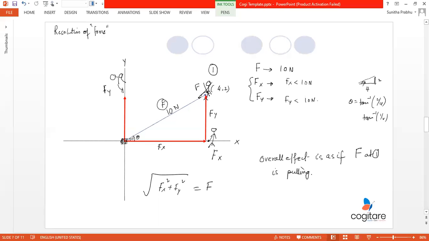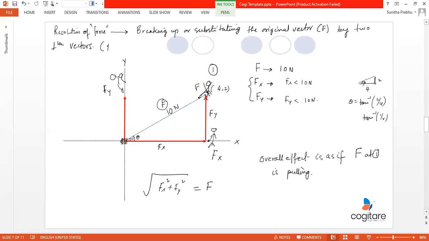Resolution means I am breaking up or substituting the original vector, in our case F, by two perpendicular forces or vectors.